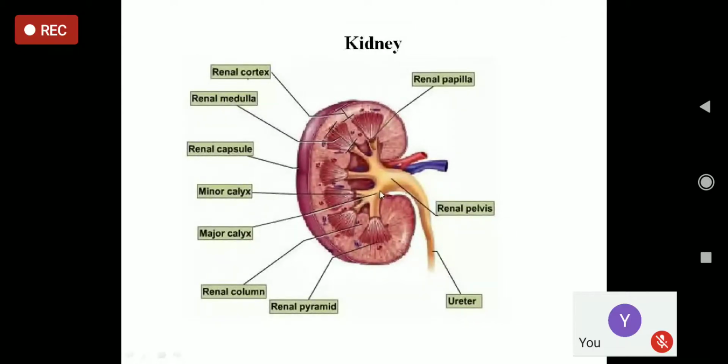The minor calyces coalesce and make the major calyx. Major calyces coalesce and make the renal pelvis. Then the renal pelvis is continuous with the ureter. So this is the gross diagram of a kidney.